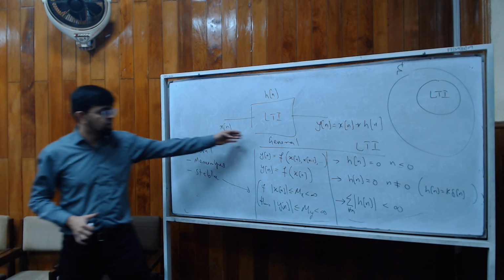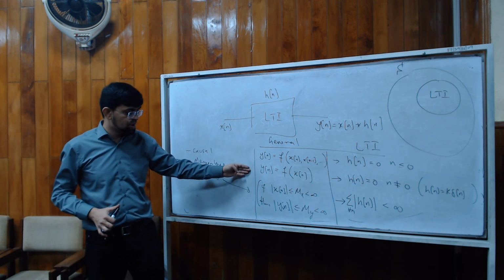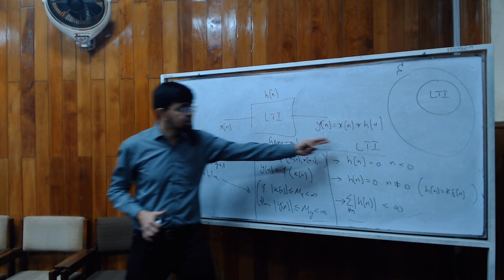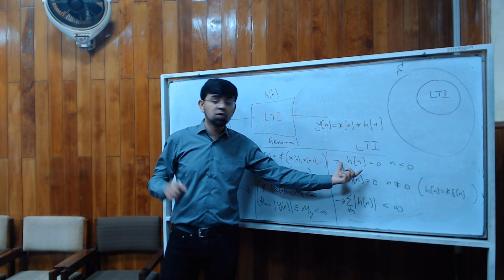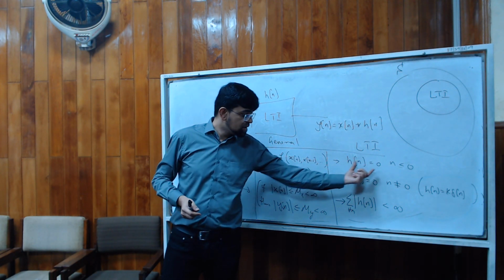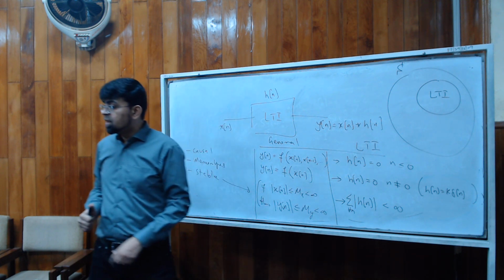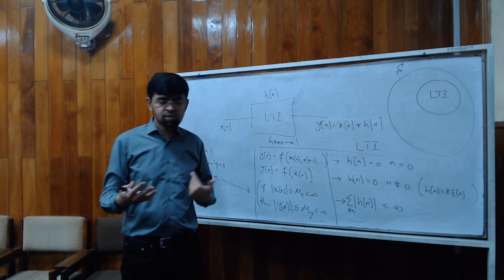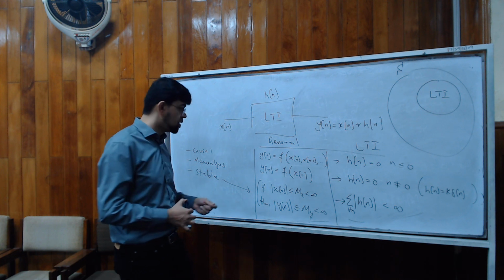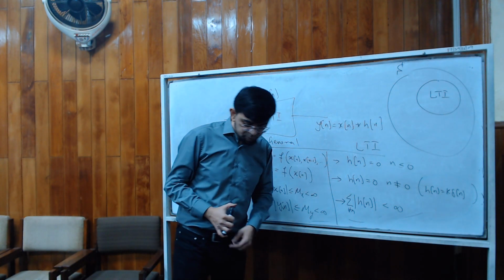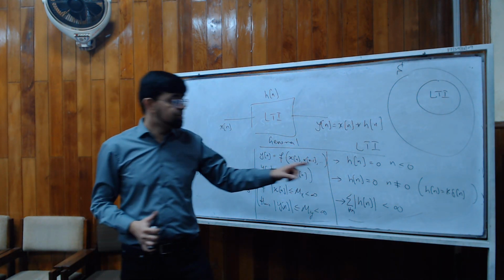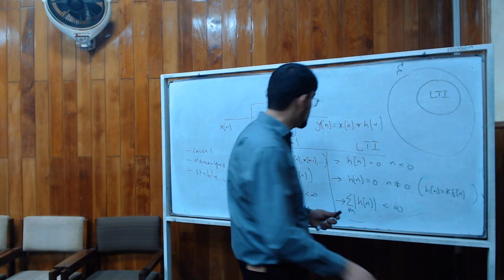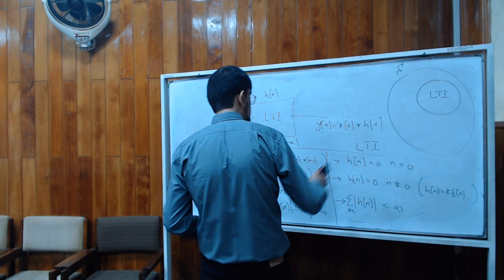Causality test for any general system is a very general definition. But for an LTI system, if you know its impulse response, just look at the impulse response. Is it 0 for n less than 0? Yes, the system is causal. Similarly here and here. Now, where do these come from? That is what we briefly want to look at.